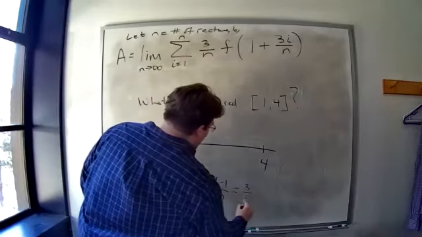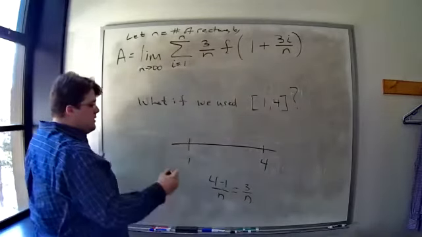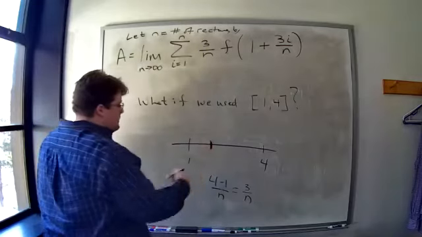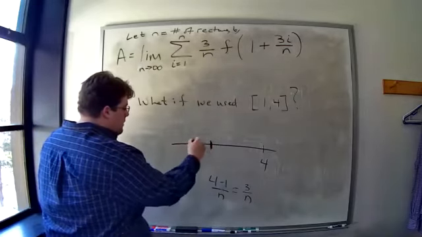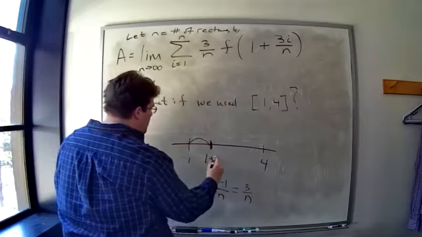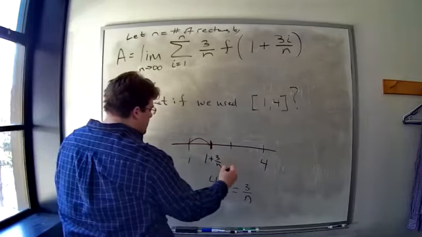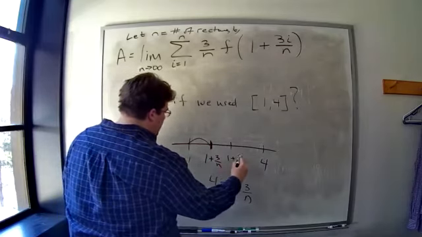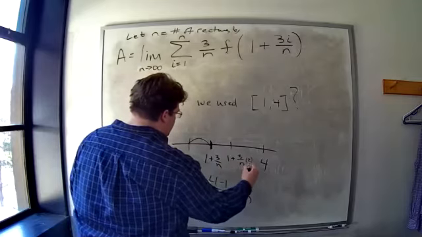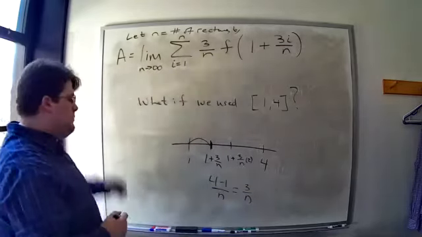So we again get 3 over n. But if you look at the x values, instead of being 3 over n, this would be 1 and another 3 over n. And the next one would be 1 plus 3 over n plus 3 over n. And so on.